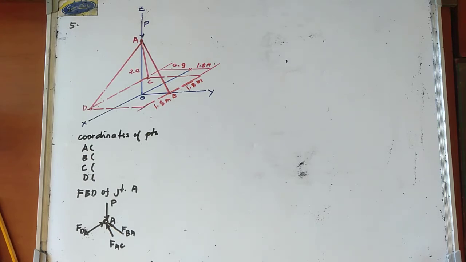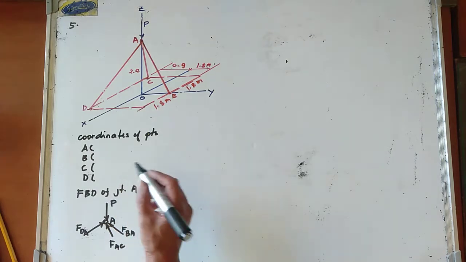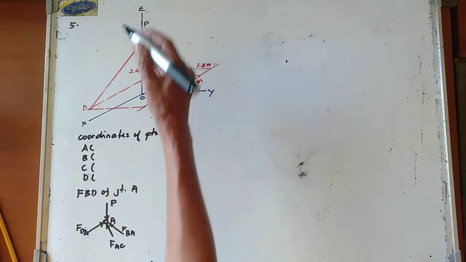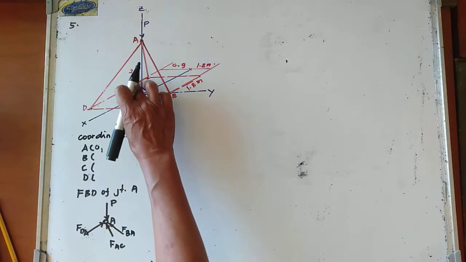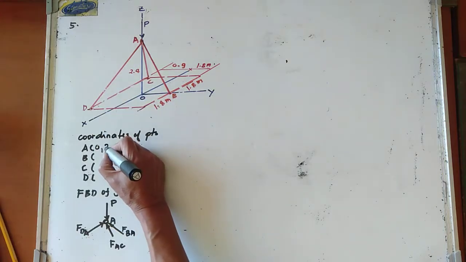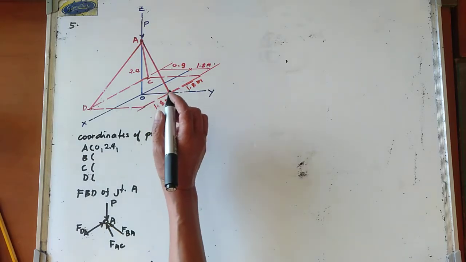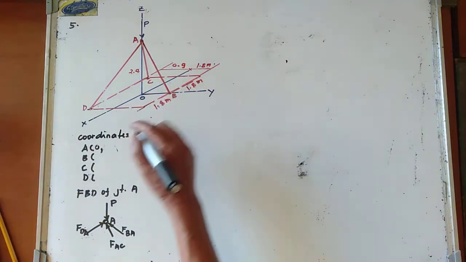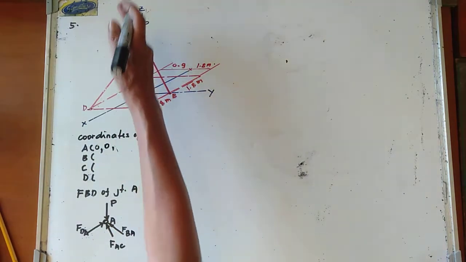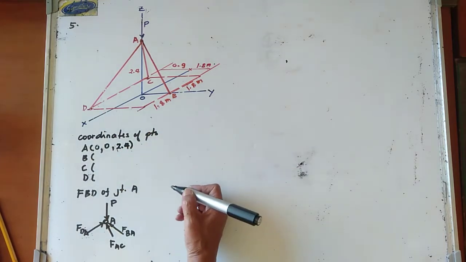Okay, so first, let us try to determine the coordinates of the different points. So this is your point A, the x coordinate is 0, the y coordinate is 0, and the z coordinate is positive 2.4 meters.